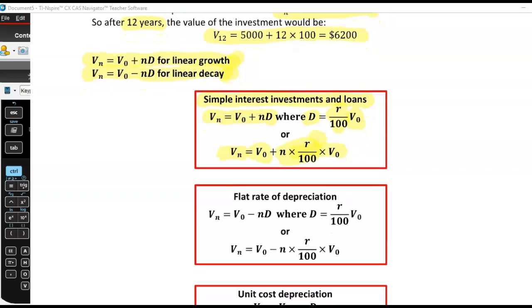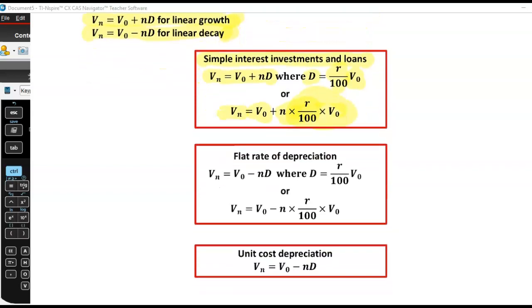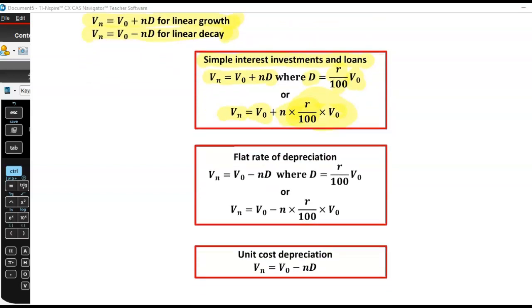So that's just the D written out. So our depreciation we think of as decay because the value of that asset is decreasing. And that unit cost depreciation is the same. With the flat rate depreciation, we think of it with that percentage, but the unit cost, we've decided how much it's going to go down by.